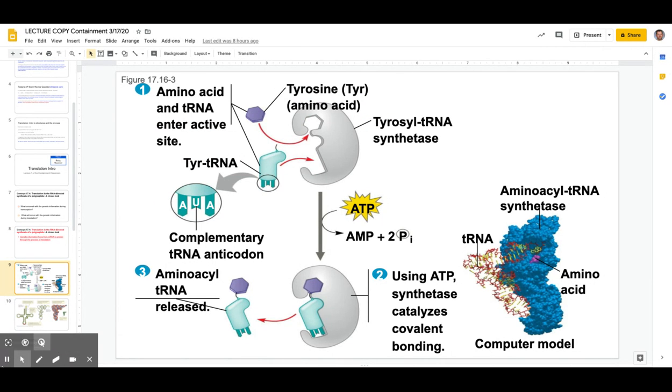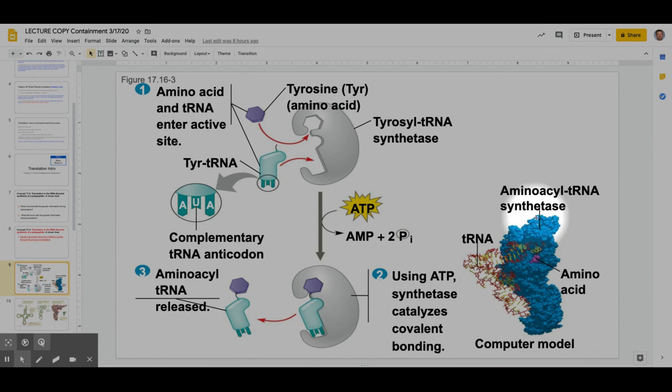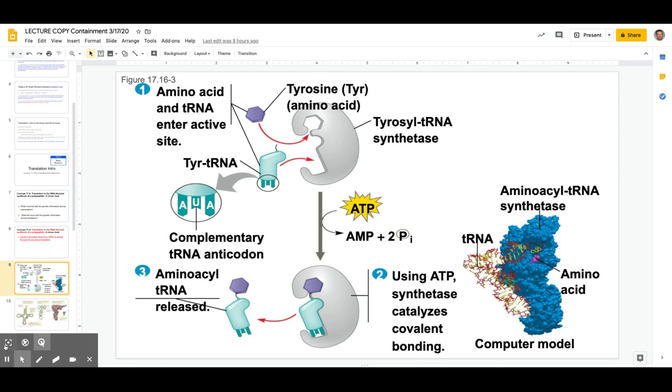So the translator in this system is this guy right here. This is tRNA, okay? The function of tRNA is to transfer amino acids from the pool of amino acids that are found in the cytoplasm to a growing polypeptide chain. The key to this process is this simple fact.